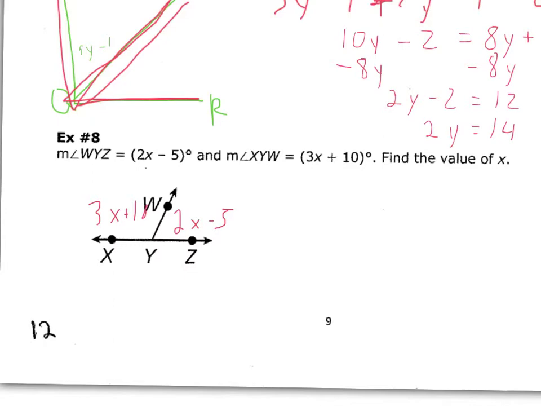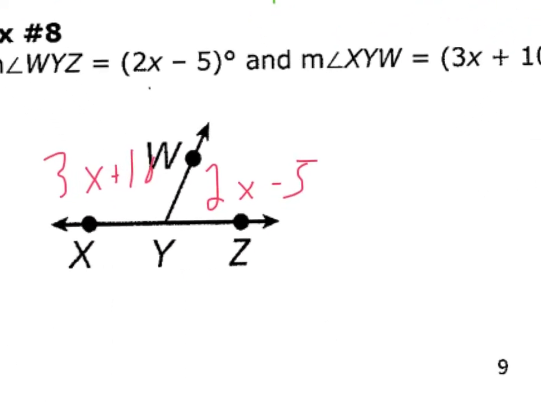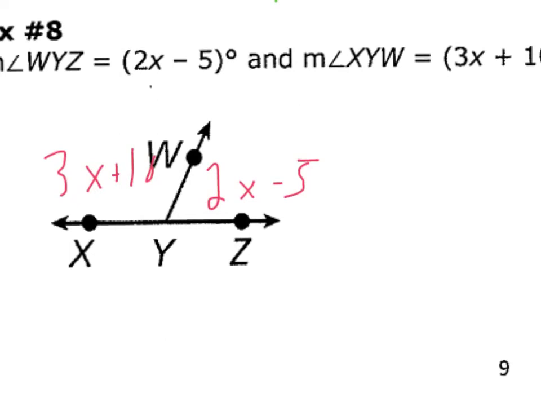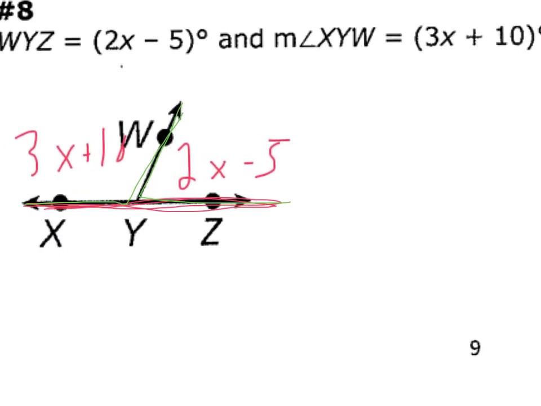We want to find the value of x. If you remember our rules for straight lines, we know that those angles total 180 degrees. So this angle plus this angle equals 180 degrees.